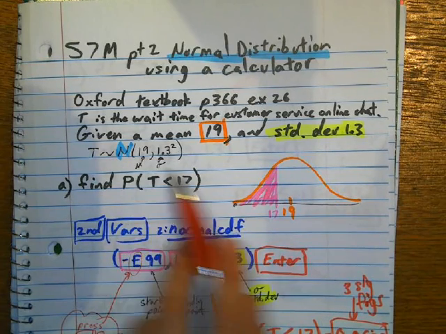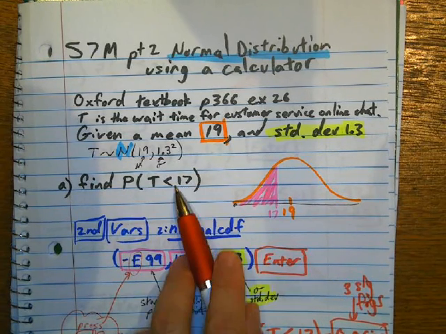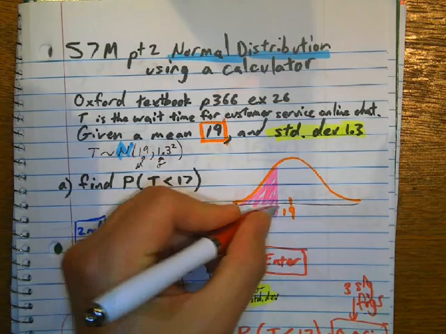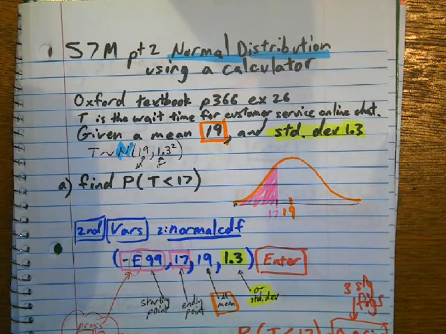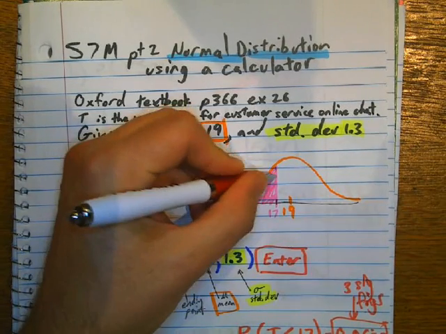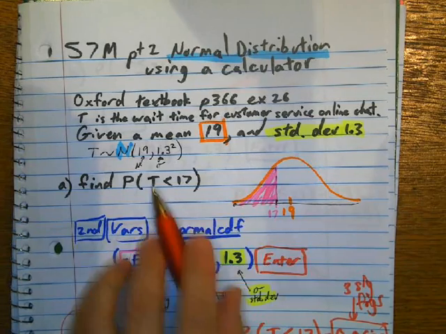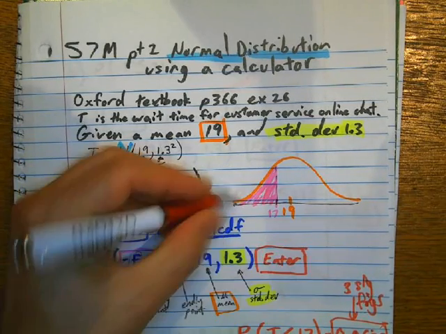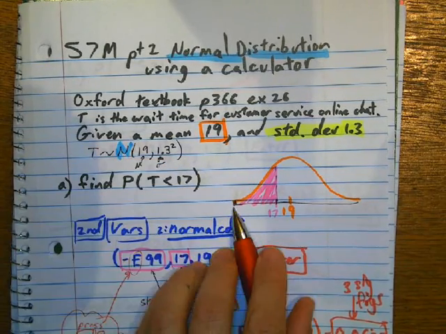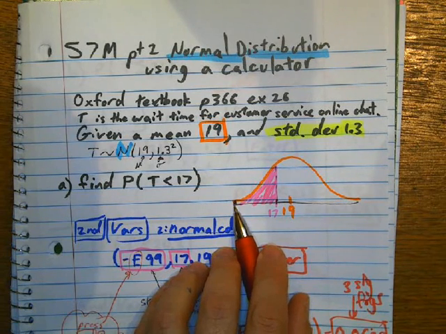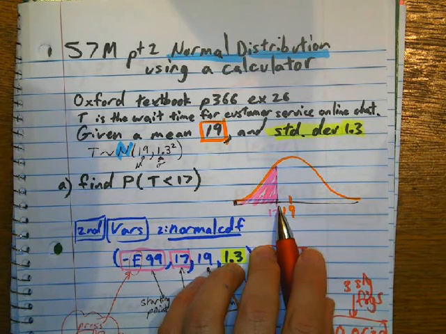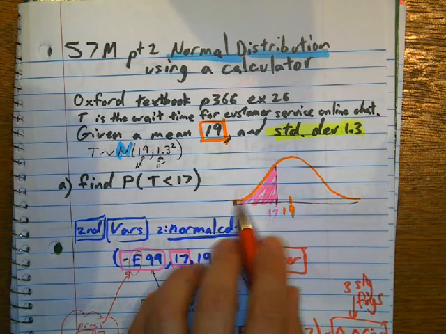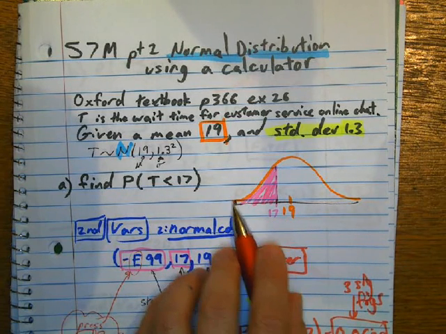And if we want the probability of less than 17, 17 is to the left of 19. Since it's less, we start at the smallest negative number you can imagine and go up to 17, because there's a tiny bit of area there too.